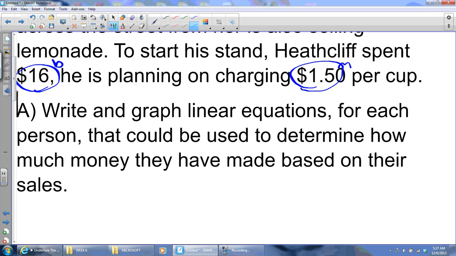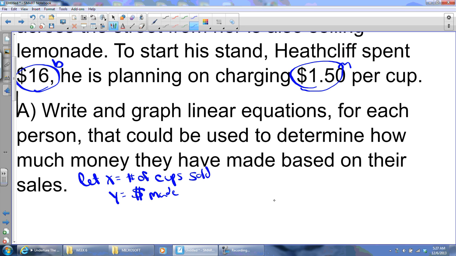Well, I'll do Heathcliff first because I'm in blue. And again, my variables, I need to define them. For both of them, it's going to be let x equal the number of cups sold, and y is going to equal the money made.